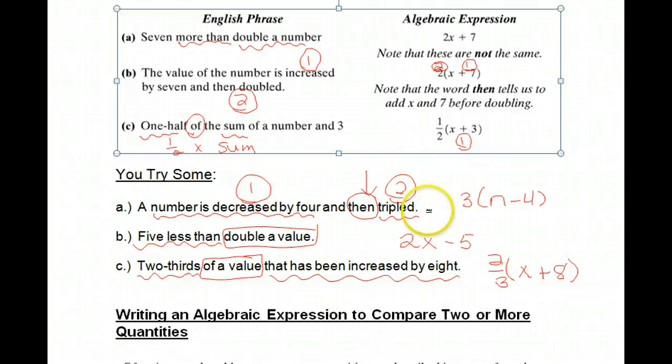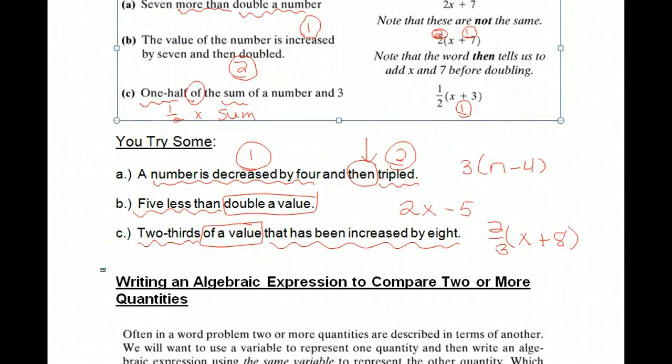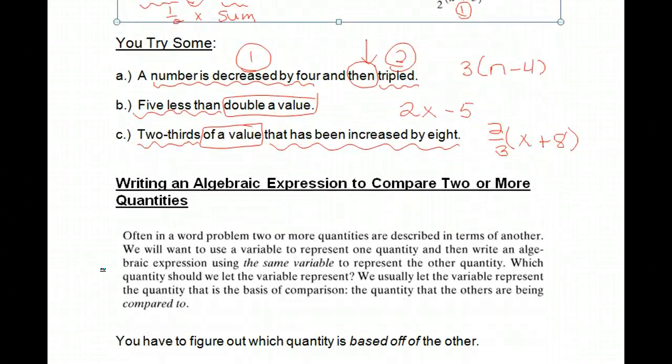So for letter C, we do need to have the introduction of the parentheses there. If you have questions about that topic, let me know. I'll be more than happy to work with you on that.